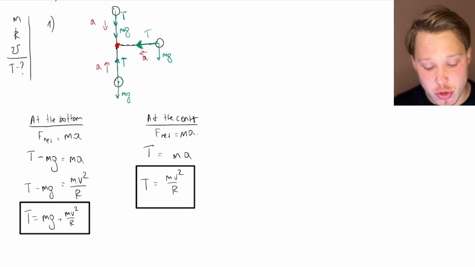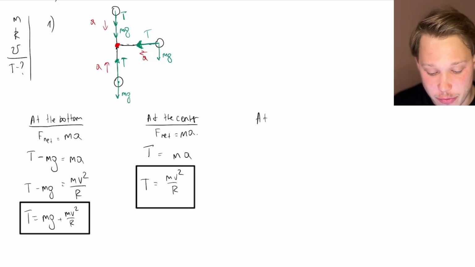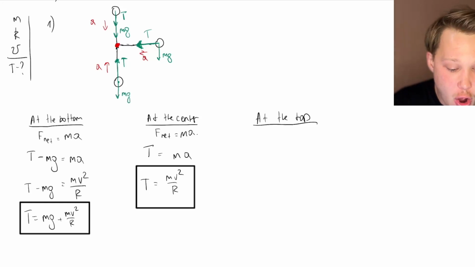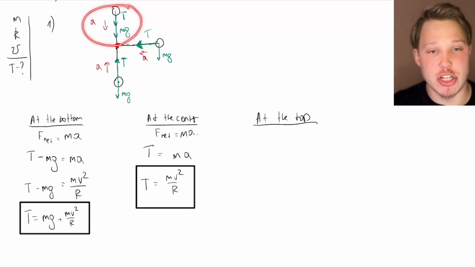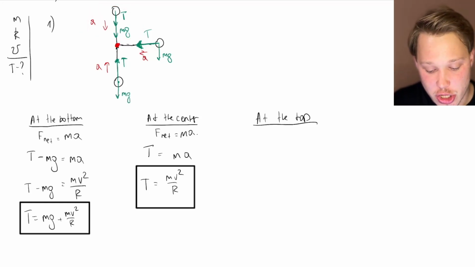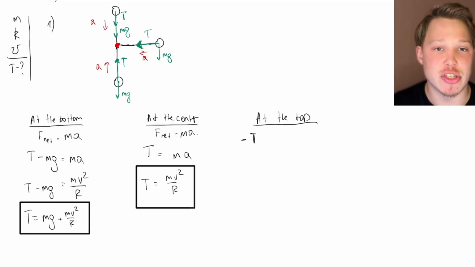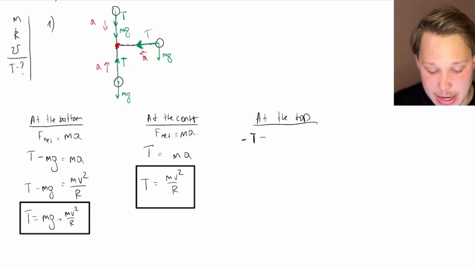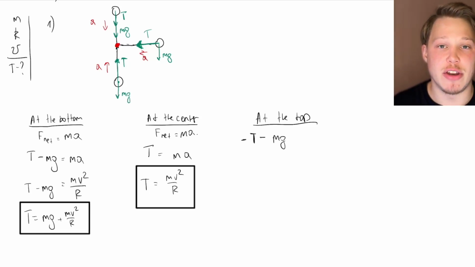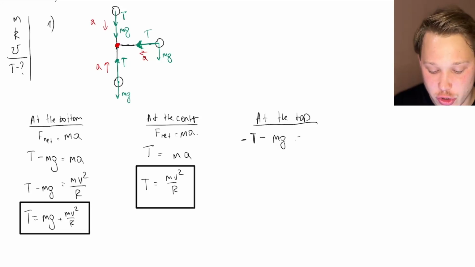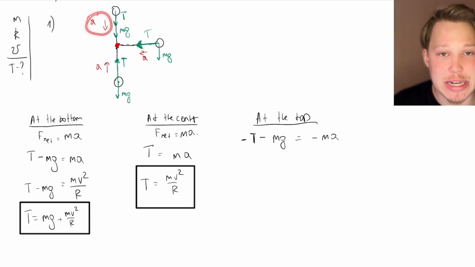Finally, I want us to consider the top of the circle. At the top of the circle, right, all the forces and the acceleration are all pointed downwards. So it's minus T, right, because it's pointed downwards, minus mg, because gravity is also pointed downwards, is equal to negative ma, right, because acceleration is also pointed downwards.